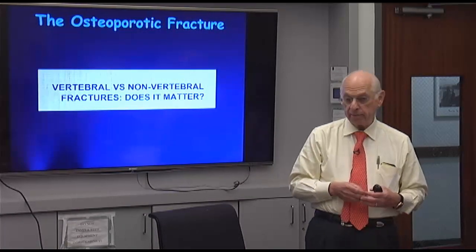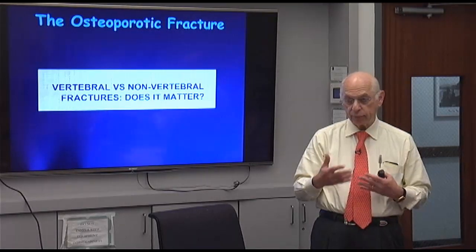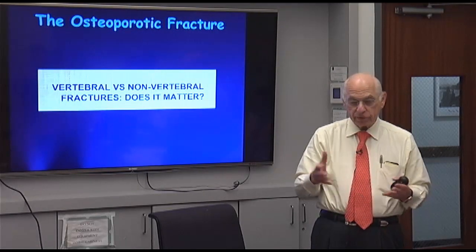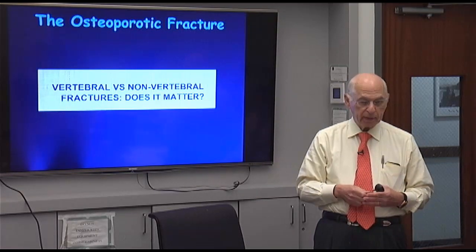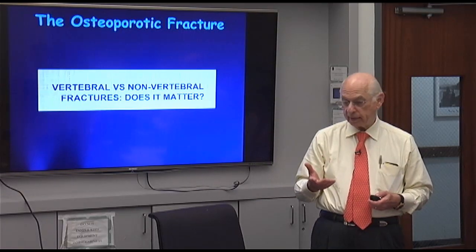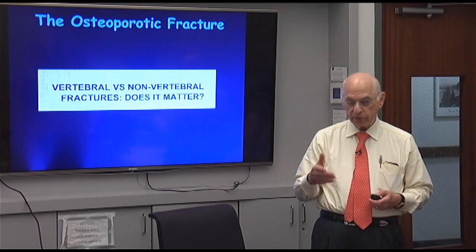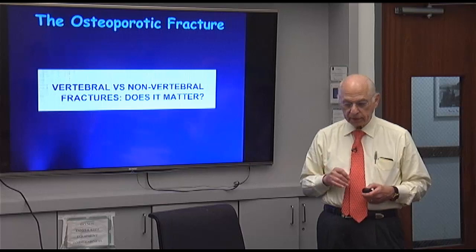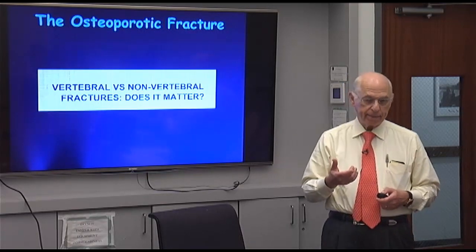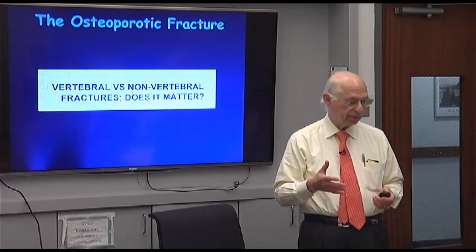The FDA, from the point of view of approval, that's all they need in terms of efficacy, vertebral fracture efficacy. Obviously, you have to prove safety and efficacy. But in terms of efficacy, it's vertebral fracture. Non-vertebral fractures are not required in terms of efficacy for approval of a drug.